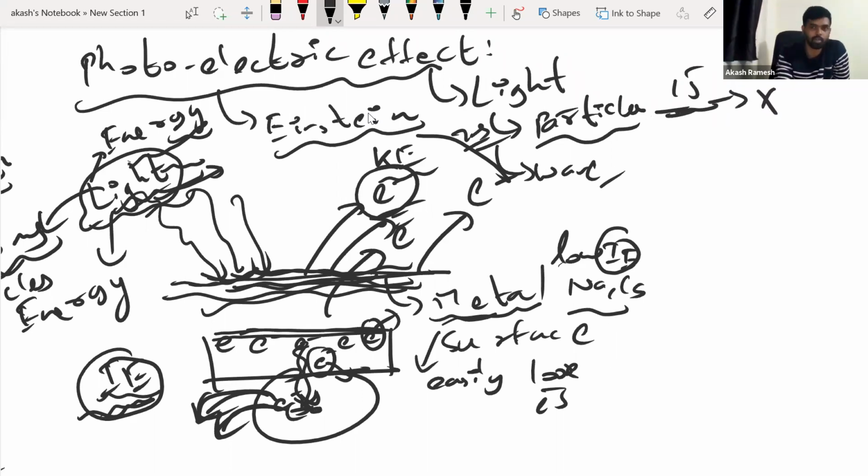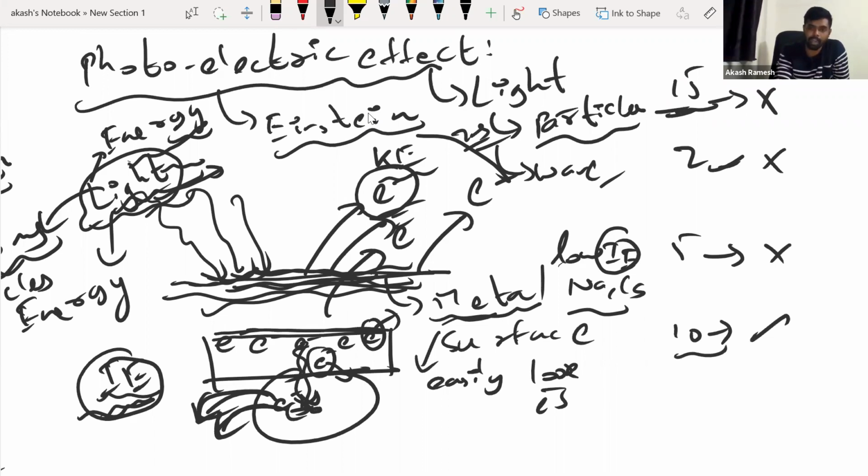You went to 2 joules, not happening. 5 joules, not happening. But if you went to 10 joules, yes. For 9 it was also not happening. I'm just giving you random numbers. If I use 10 joules of energy, the electrons were coming out, and obviously after 10, at 11, 12 and so on, electrons will come out.